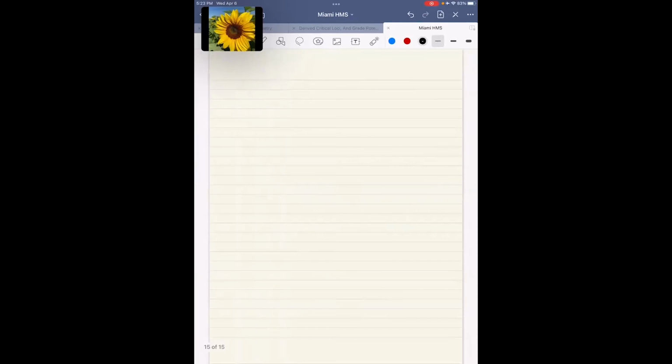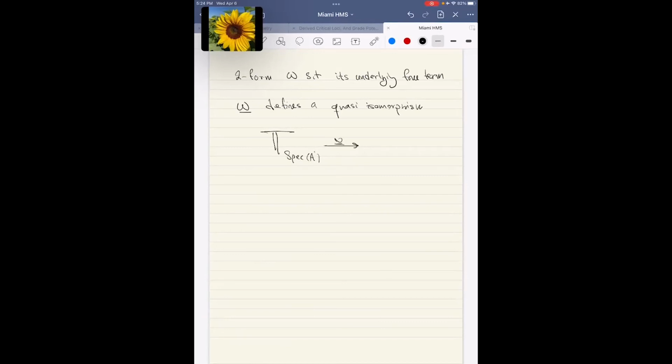It's complicated, but anyway, such that its underlying free term omega bar defines a quasi-isomorphism, a weak equivalence, from the tangent complex of the affine scheme to the cotangent complex of the affine scheme shifted by n.